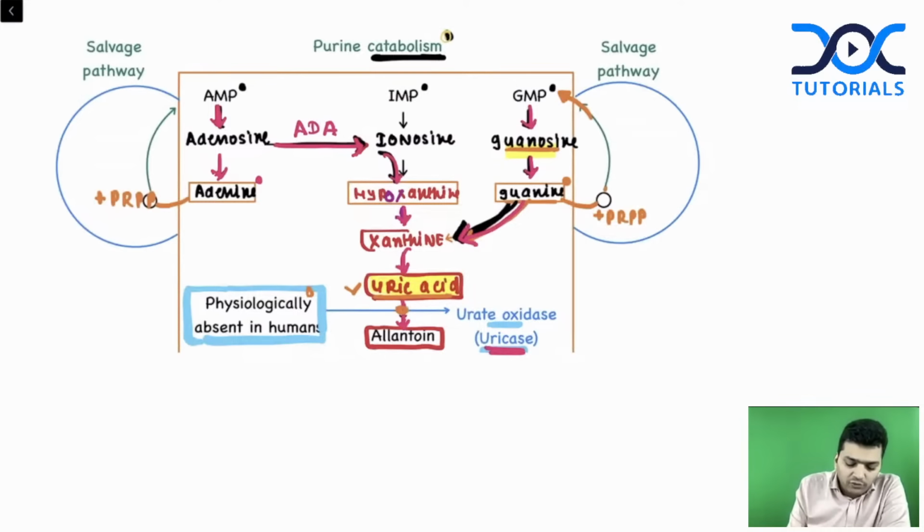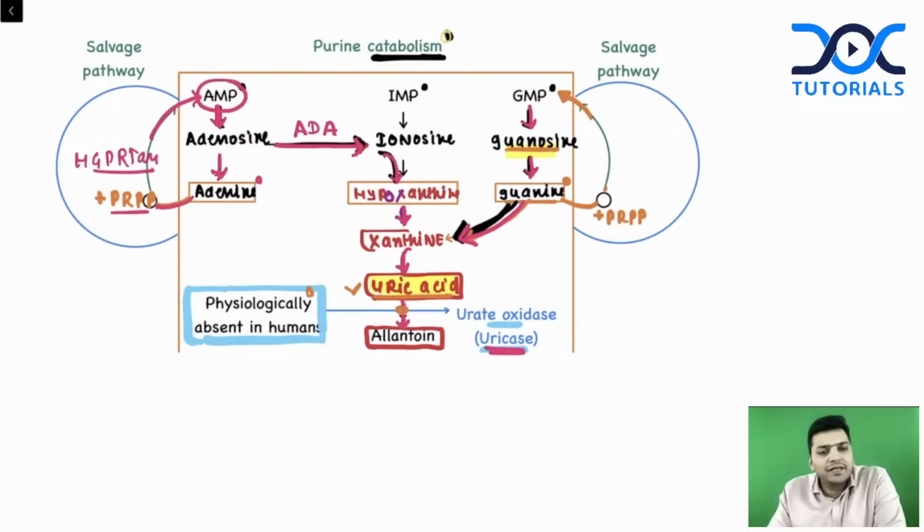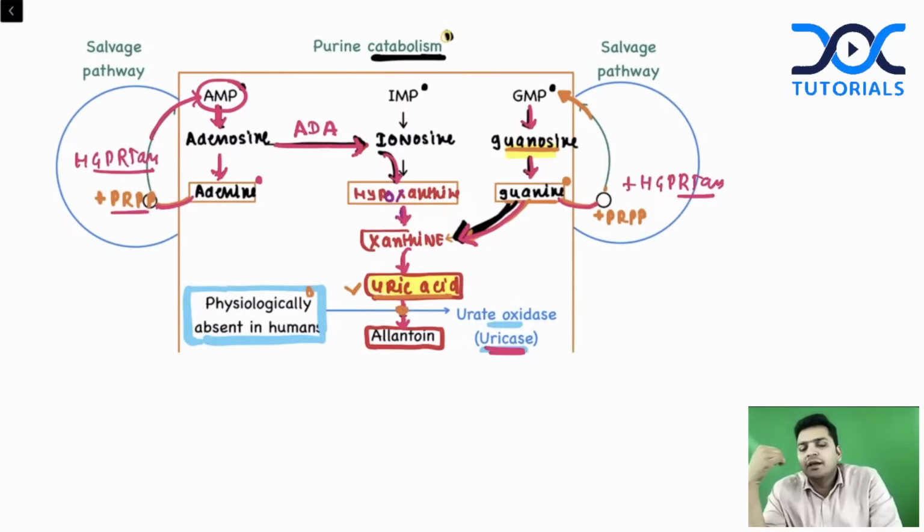So we attach it with PRPP using the enzyme HGPRT and make AMP back, which can be reused to make DNA and RNA. In the same way, guanine with the help of HGPRT can be converted back into GMP and reused. This pathway is called the salvage pathway, and HGPRT comes here.